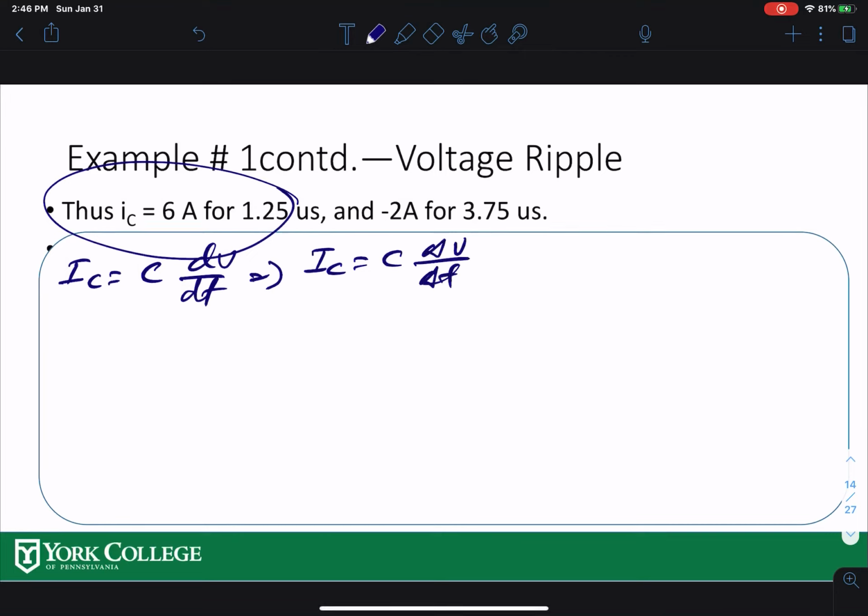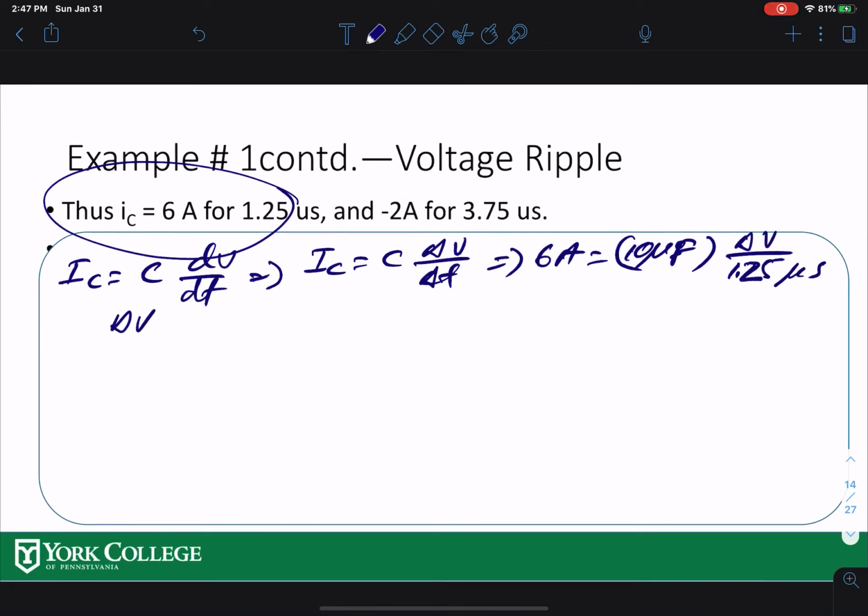If I use the 6 amps one, your C is 10 microfarad, I don't know delta V, but I know delta T is 1.25 microseconds, right? Let me see what the calculation says. It is 0.75 volts, right? So that is the one I'm using.